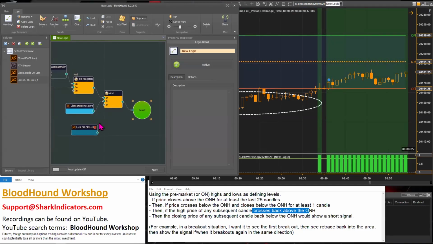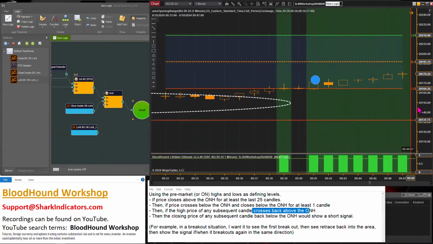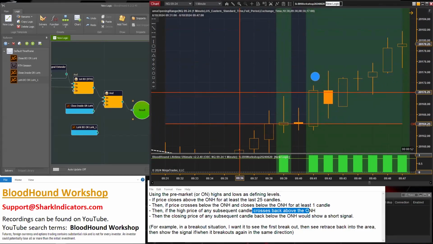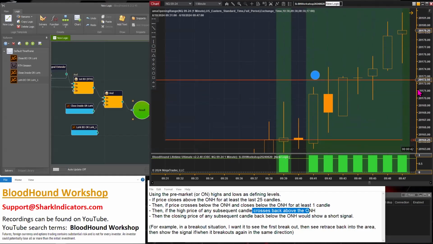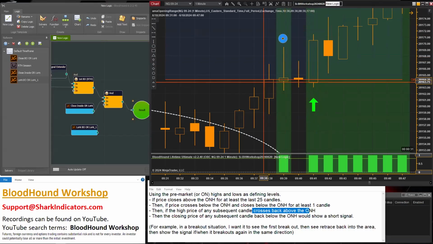Okay, yeah, I am going to need a look back node here, and I'll explain this. Actually, I think technically this should be our first signal. This bar here was the first bar that closed inside the range, and then we had a wick afterwards.